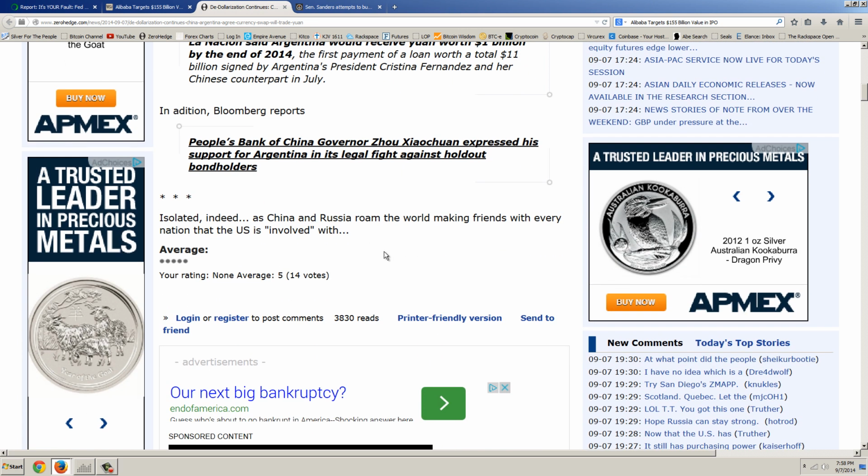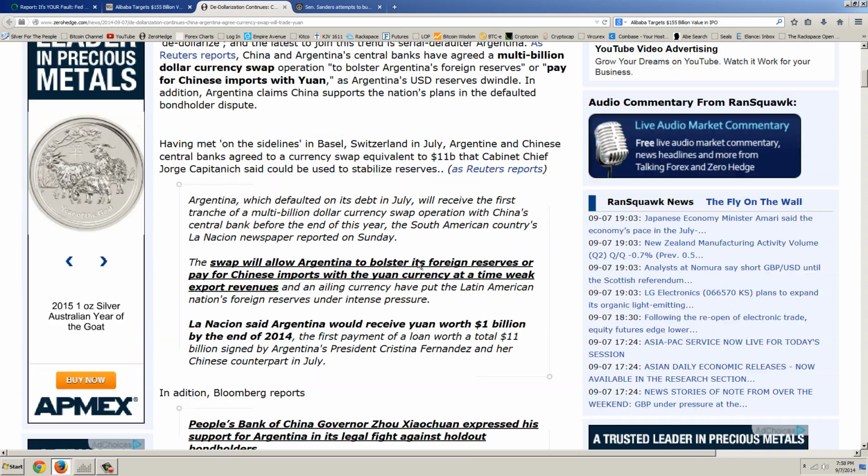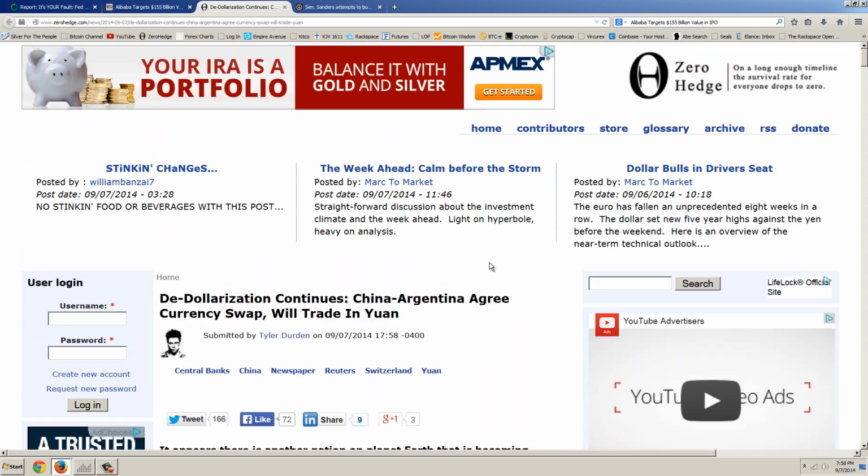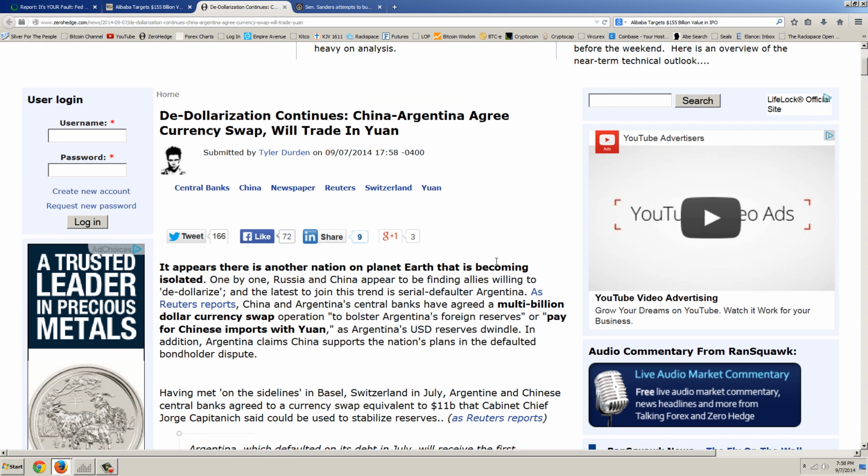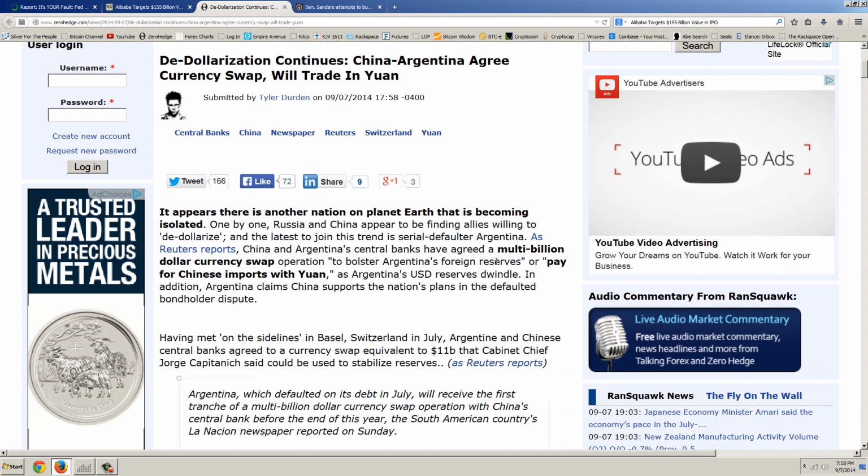Isolated indeed, as China and Russia roam the world making friends with every nation that the U.S. is involved with. Now this is a huge story. This explains, and this is the finger in the dike. This is the leak sprouting, and when you think about it, why does Argentina need to do business with the United States?